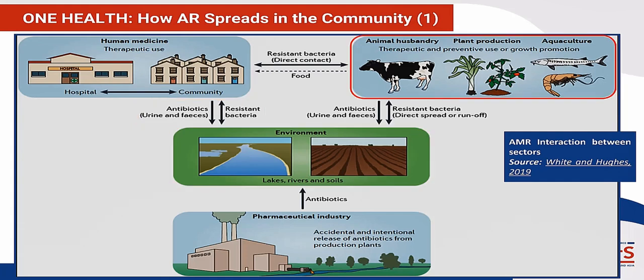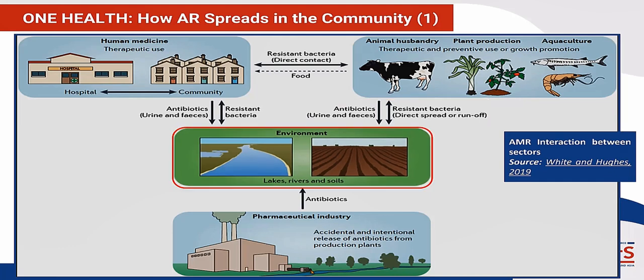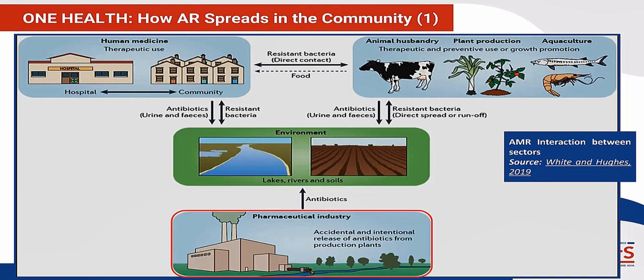Animal husbandry, crop production, and aquaculture, for therapeutic and preventive use and growth promotion. Antibiotic residues are excreted by animals in urine and feces or flow from farms directly into the environment. This could be rivers, lakes, soil. Manufacturing firms, accidental and intentional release of antibiotics into the environment.